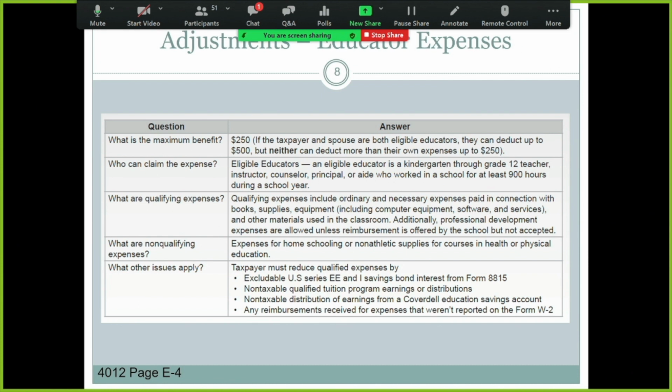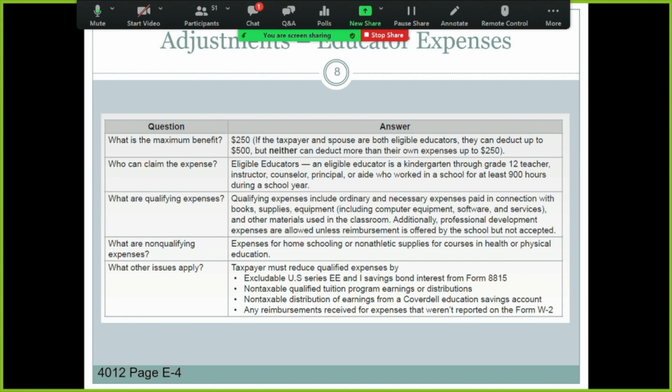Who can claim the expense? Eligible educators. An eligible educator is a kindergarten through grade 12 teacher, instructor, counselor, principal, or aide who worked in a school for at least 900 hours during a school year.